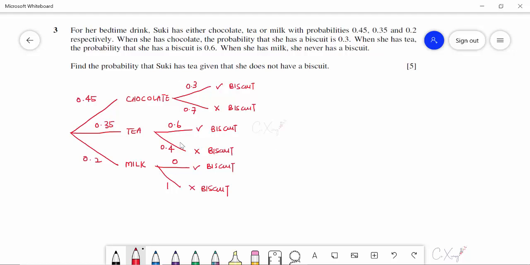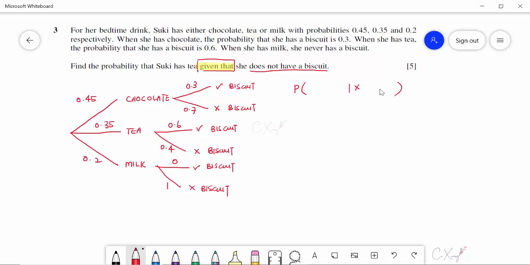Once you fill in all the probabilities in the tree diagram, you can start to answer the question. They want you to get the probability Suki has tea given that. Highlight this keyword, given that. This keyword tells you they want you to find the conditional probability. For any conditional probability, you have a slash here. You fill in the event that is already known: we already know that she does not have a biscuit.